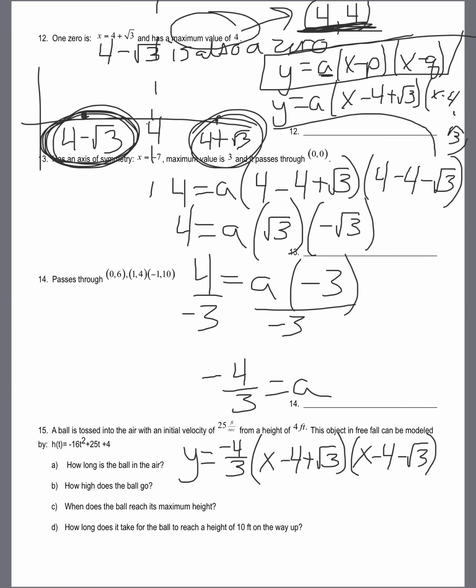You could leave it like that if I don't specify what form your answer has to be in. Once you found out what a was, you could have plugged it into vertex form, since you know what the vertex is. Or you could multiply all this out and get it in standard form. So whatever floats your boat. Does that make sense?